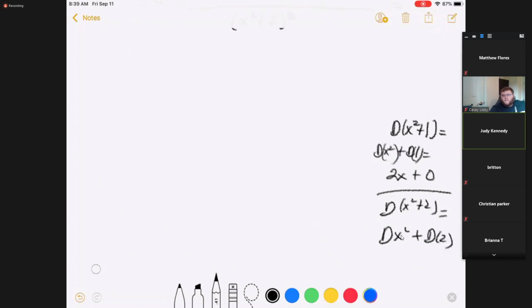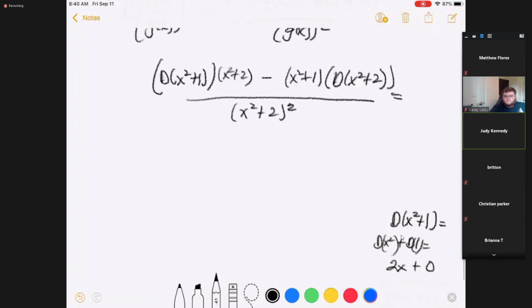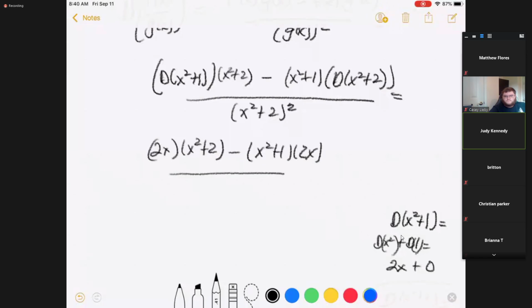Put parentheses, yes. And that's equal to 2x plus 0. So both derivatives are 2x. So we've got 2x times x squared plus 2 minus x squared plus 1 times 2x all over x squared plus 2 squared. Now that is the derivative of x squared plus 1 over x squared plus 2.